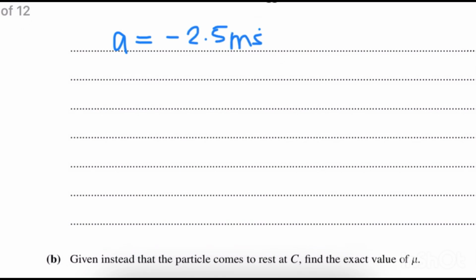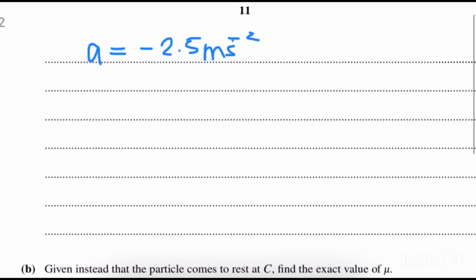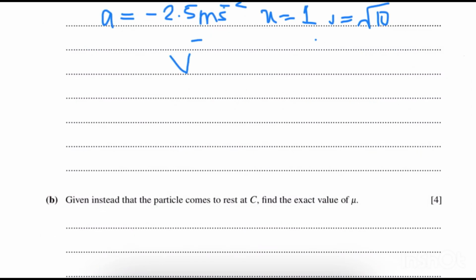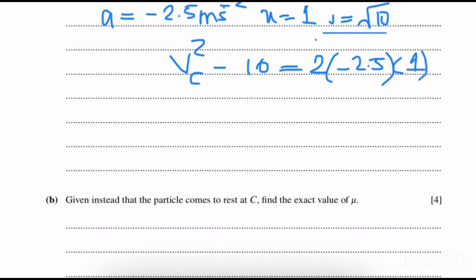Then we simplify that, and we get that the acceleration from B to C is equal to negative 2.5 meters per second squared. Now we can use this information as well as the distance, which was 1, and the initial speed, which was under root 10. Now we can find out the final speed, which is the speed at C. So v squared minus u squared, so this will become 10, 2 times negative 2.5 times 1.